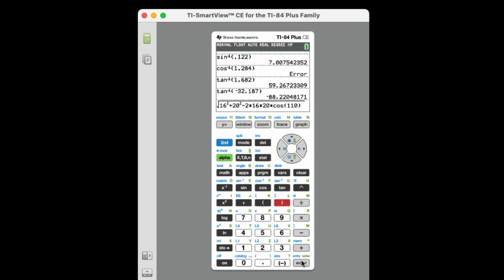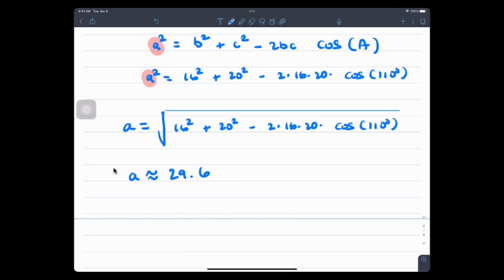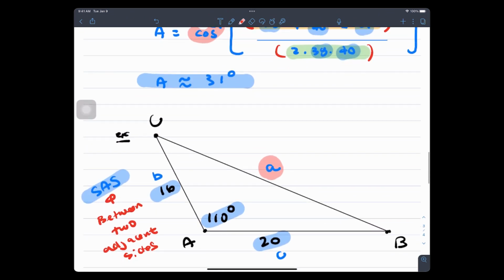Close that, ladies and gentlemen. And guess what you get? This is the value for it. We're going to go to the tenths today. I feel better about being a little bit more accurate. You know, 29.6. That's not an angle. That's a side. That was A. So A, this value is 29.6.